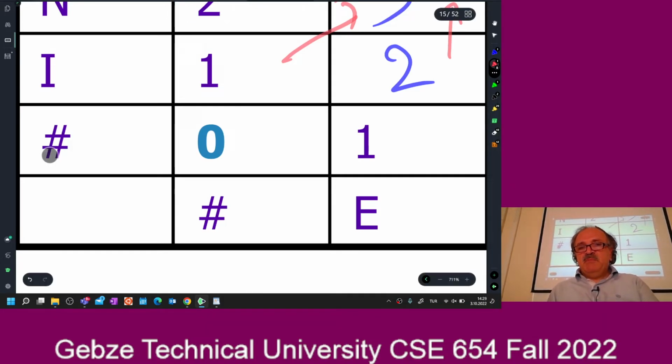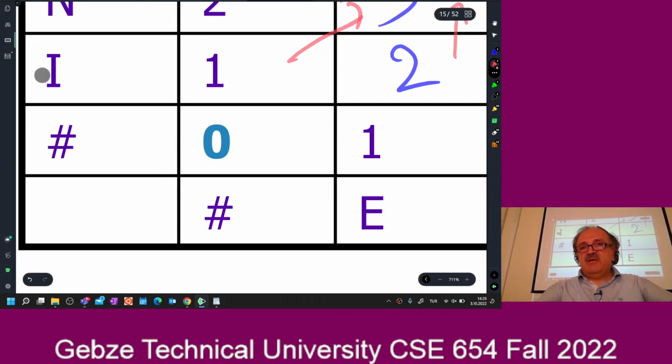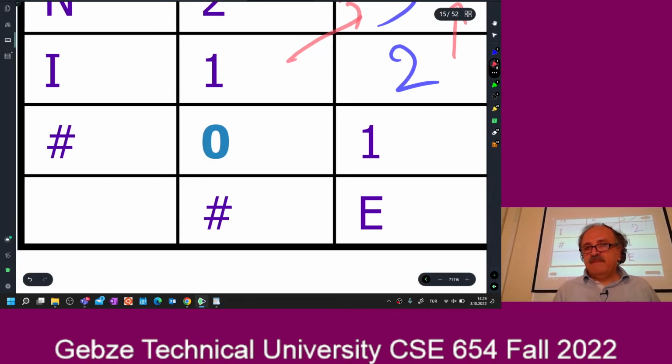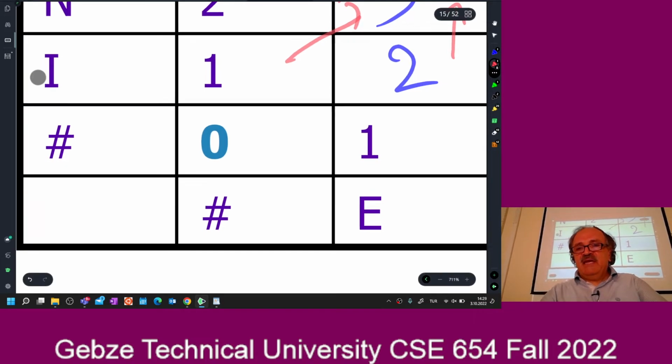The edit distance between null string and E is 1. I'm just inserting 1. There is no substitution. Edit distance between I and null string is 1 because I am just deleting 1. So you understand these two. How about this box? What can I do to match I with an E?